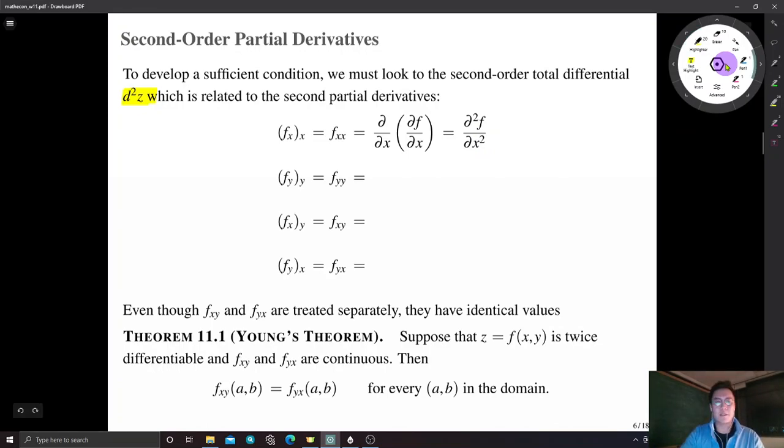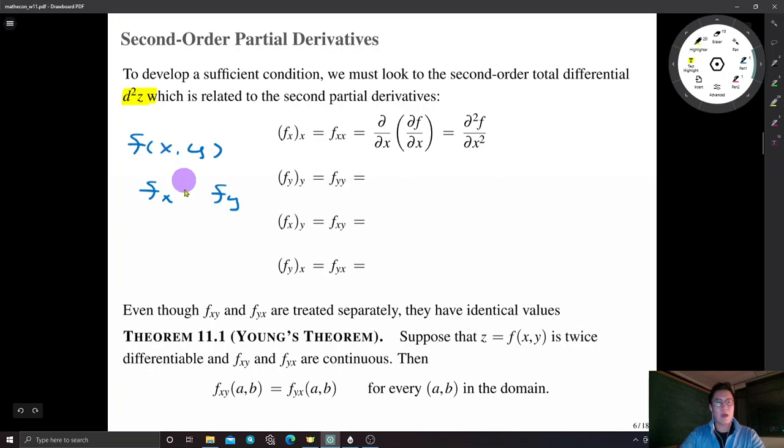When a function depends on two variables, x and y, it has a total of 4 second partial derivatives. It has two first order partial derivatives, f sub x and f sub y, depending on the choice of our variable. Here for f sub x, we choose x, and y is regarded as a constant. Here for f sub y, we choose variable y, and x is held constant.